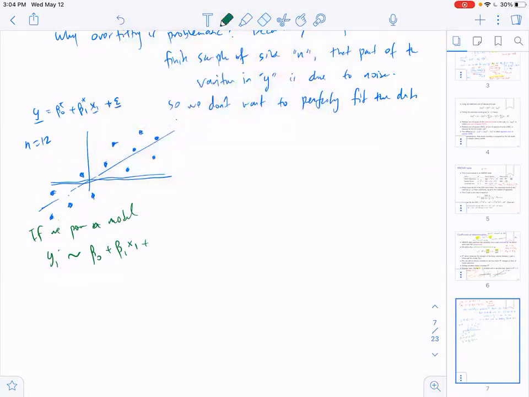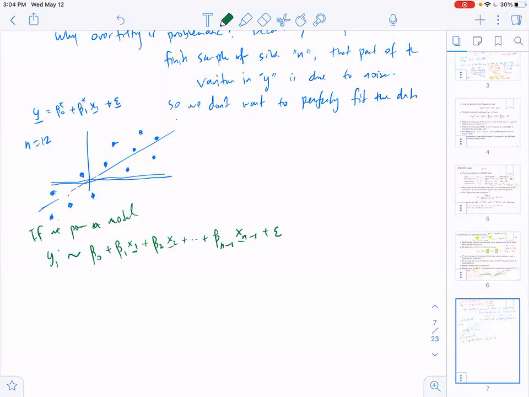I'm going to keep coming up with covariates. I'm going to ask people to provide covariates, and I'm just going to keep including them, all the way up to x n minus 1.